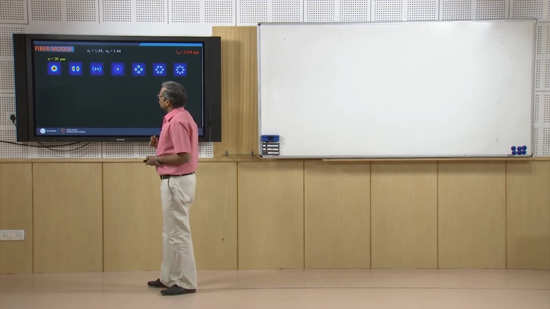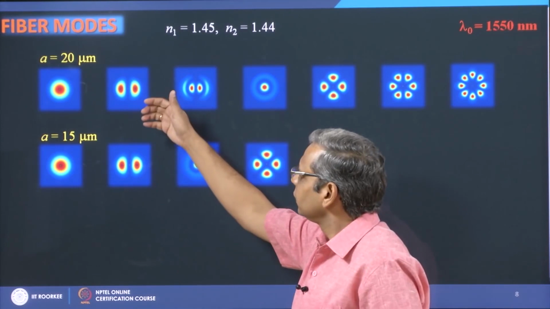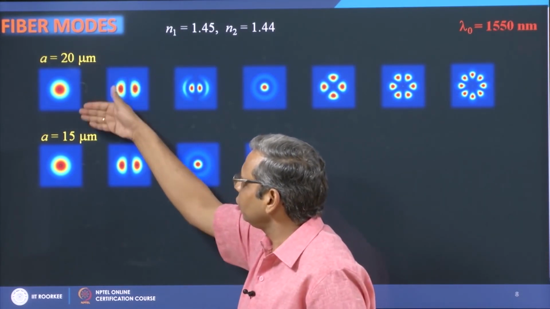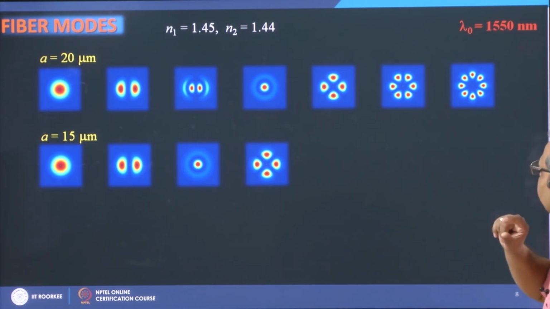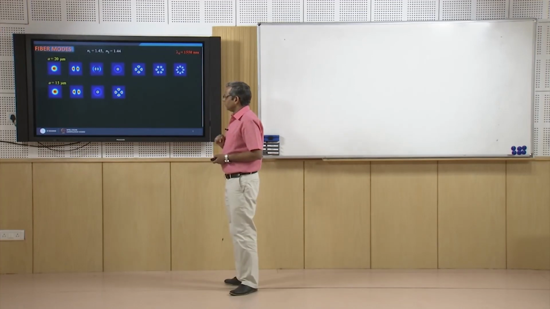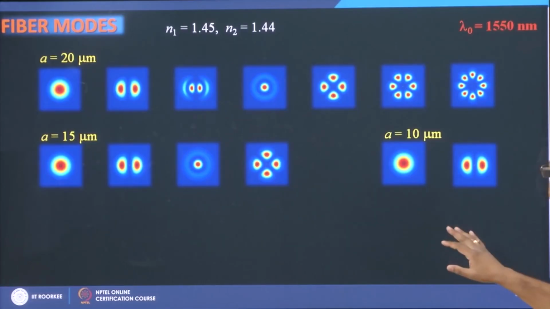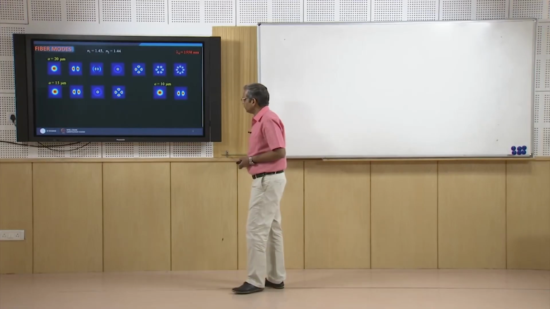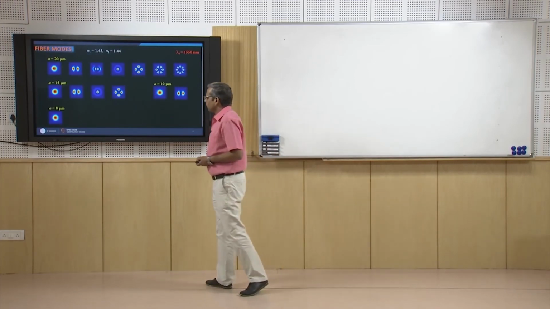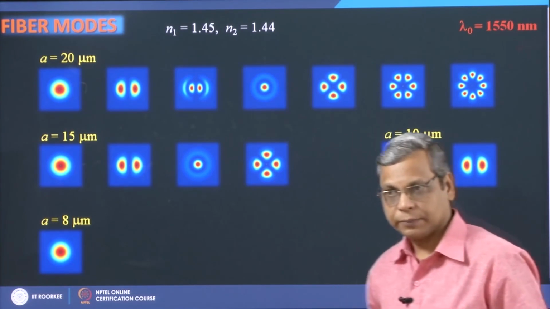When I now bring down the core radius from 20 to 15, I see that in such a fiber these two patterns are missing, they are not supported. If I further bring down the core radius, then only these two patterns are supported. Even further bringing down the radius gives me only one pattern which is possible.